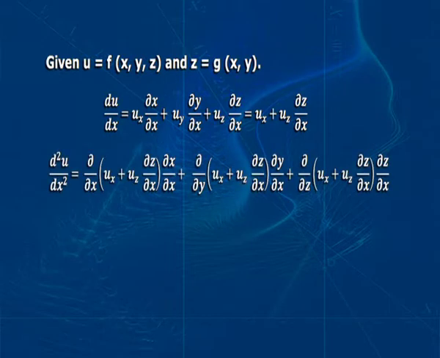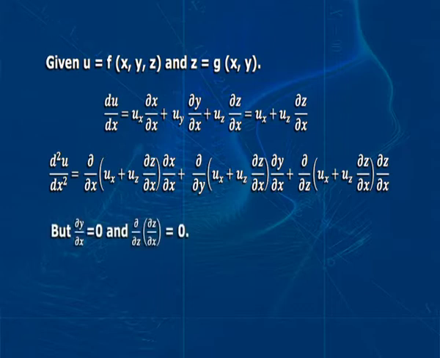d square u upon dx square is equal to del over del x of ux plus uz del z over del x, by del x, plus del over del y of ux plus uz del z over del x, del y over del x, plus del over del z of ux plus uz del z over del x, over del x.